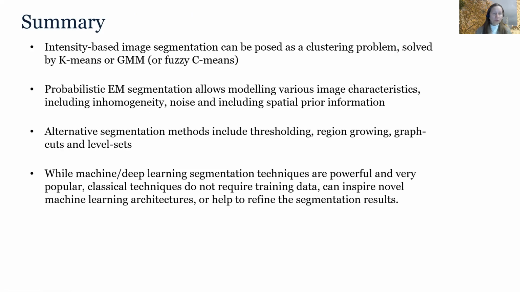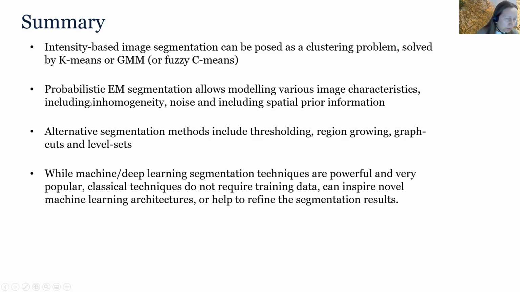So this is all that I wanted to tell you today. So let's summarize what we learned. First of all, we learned that intensity-based image segmentation can be posed as a clustering problem and can be solved by, for example, k-means or the Gaussian mixture model algorithm or fuzzy C-means that we didn't cover, but is similar to these two.